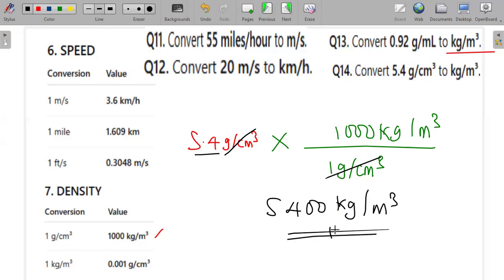That is the final answer there. Or if you want, you can go step by step, converting the grams to the kilograms and the cubic centimeters to the cubic meter. All right, any questions there, guys? Any questions on whatever I was saying here? If there are no questions, I'll end here.